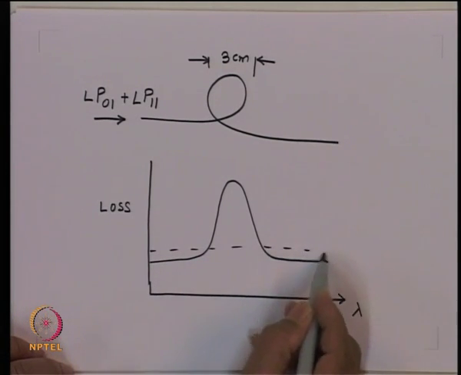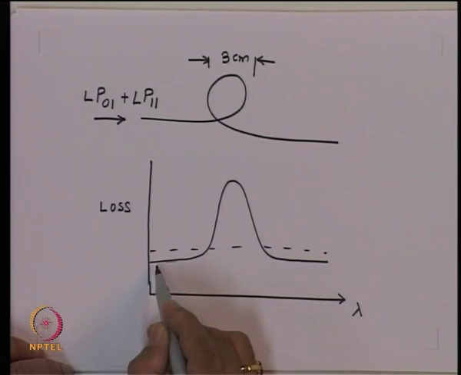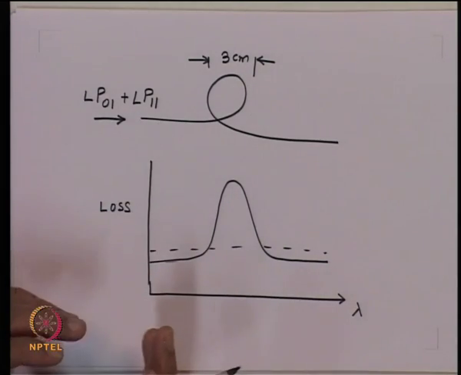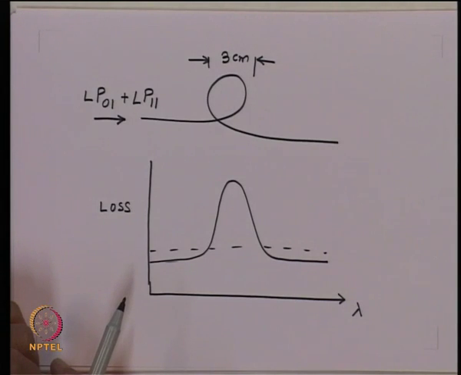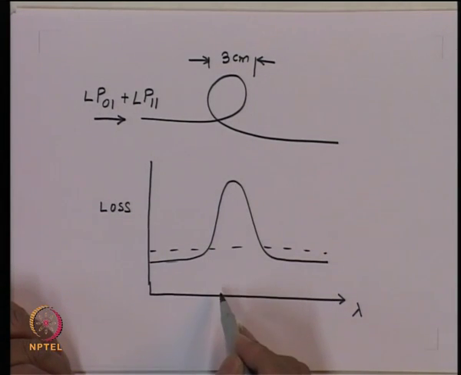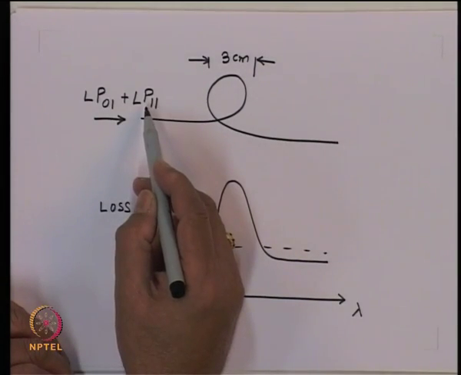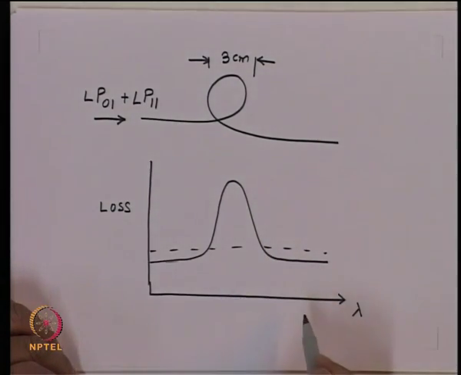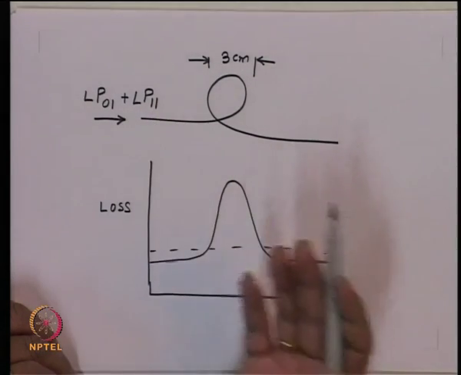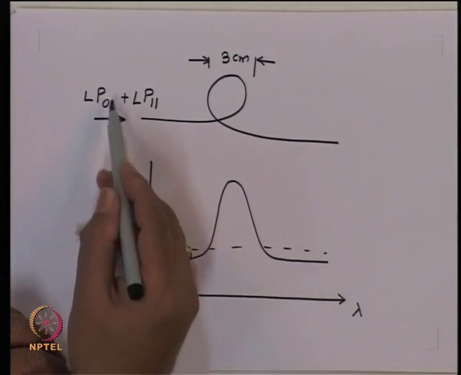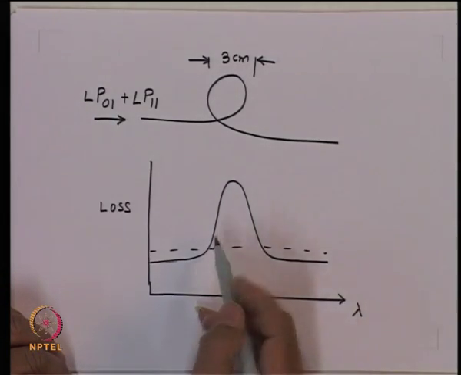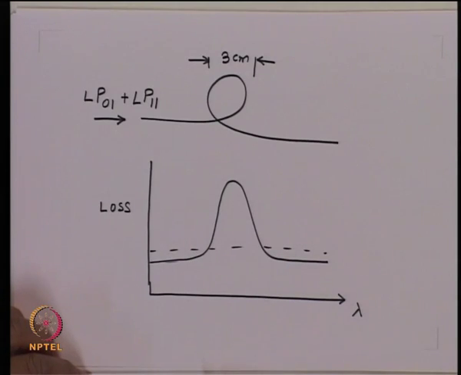Initially you had low loss because both modes were well guided inside the core. Then as you reach the cutoff wavelength, the loss increases because energy corresponding to the LP11 mode is radiated away. And when I go to the other side, still longer wavelength, LP11 does not get excited at all, and since the energy is confined to only LP01, most of the energy again appears here.